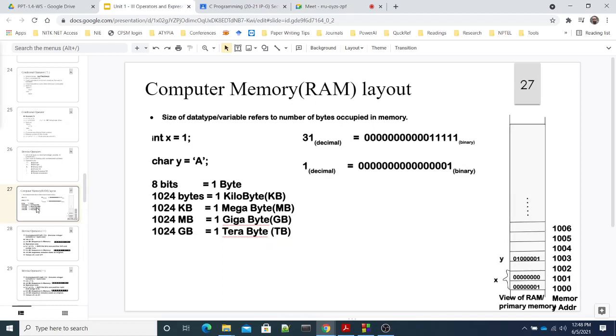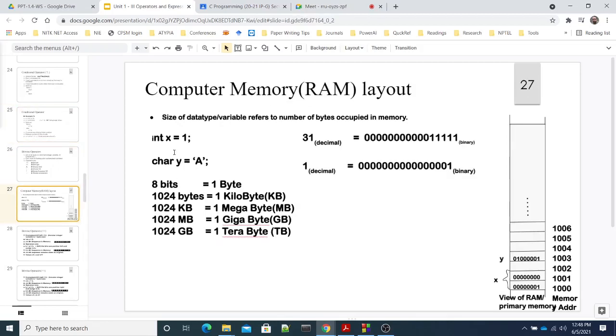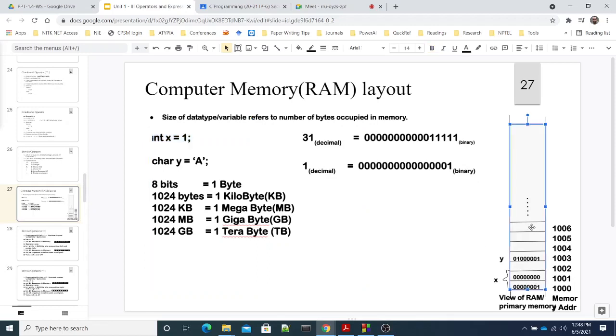Okay, now for explaining bitwise operators, I am going to assume an integer is of 1 byte size, similar to a character. Just for demonstration, I am going to assume an integer is of 1 byte, no other difference. So when I am assigning x equal to 1, only 1 byte will be reserved.